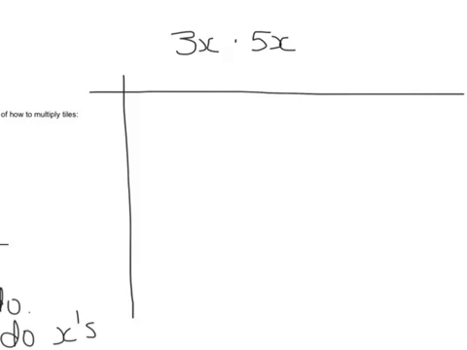I then go and put my first monomial on the left hand side. So I'm going to draw 3 x's. 1, 2, 3. And the key before was that these ones are going to be negative and I need positive, which means I need to shade them in.